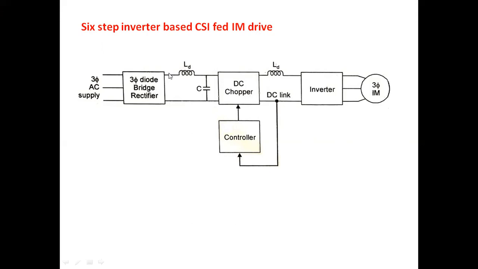Now the fixed DC that I'm getting from the diode bridge rectifier is passed through this LC filter. This will remove the ripple from the voltage, because we are producing pulsating DC after the diode bridge rectifier. This pulsating DC is also of fixed magnitude. It passes through the filter, and the ripple-free voltage is connected across the DC chopper as its input.